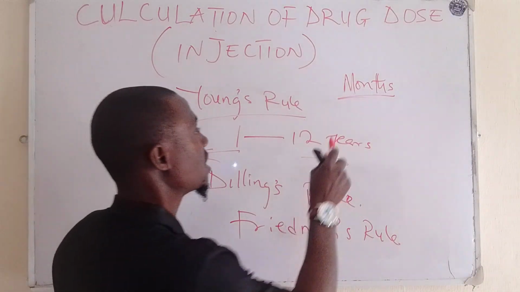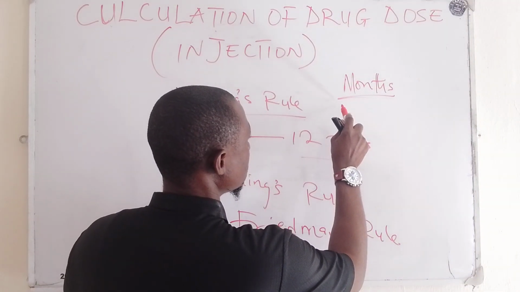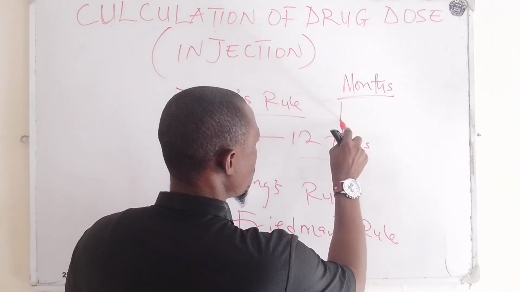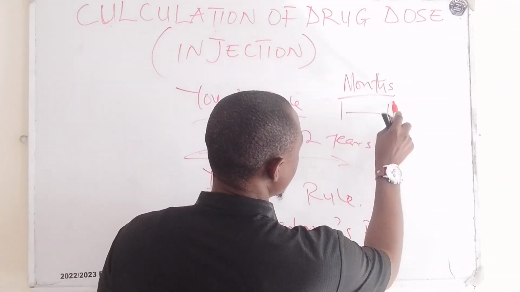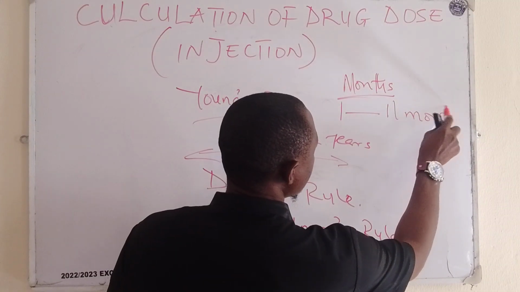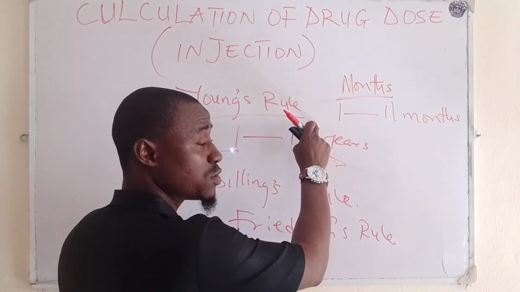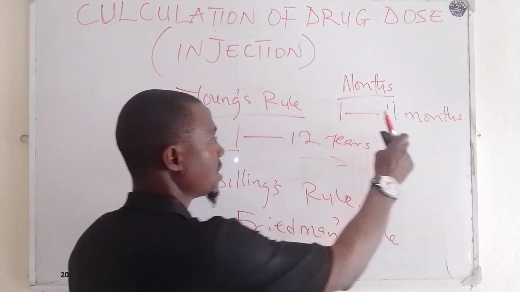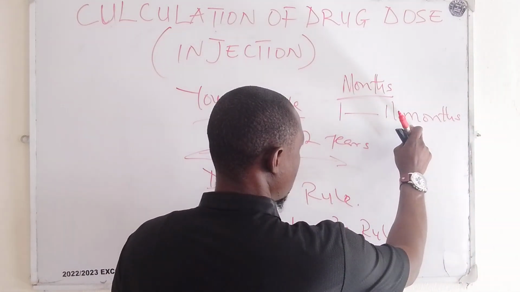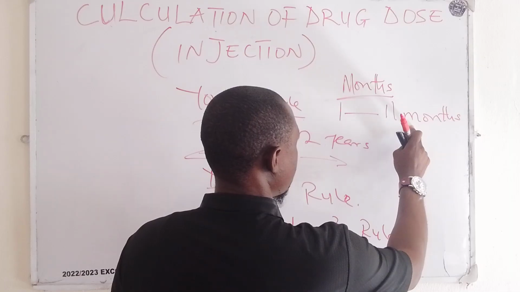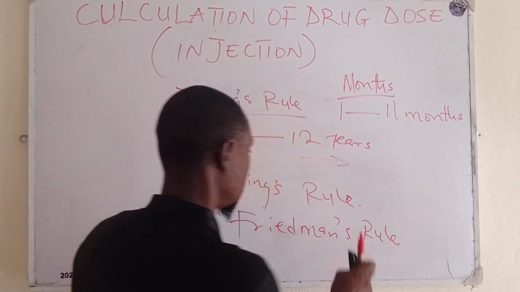That is to say, for Friedman's rule, the age range is from 1 month to 11 months. So if a child is less than 1 month, this rule cannot be applied. If a child is more than 11 months, of course, you cannot apply this rule as well.